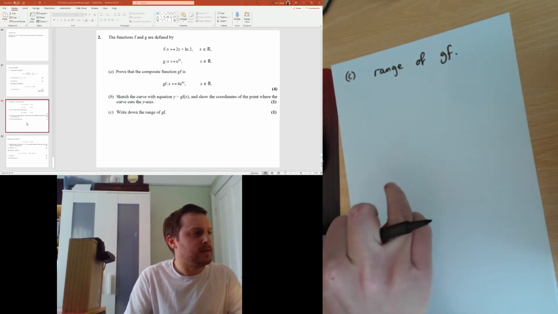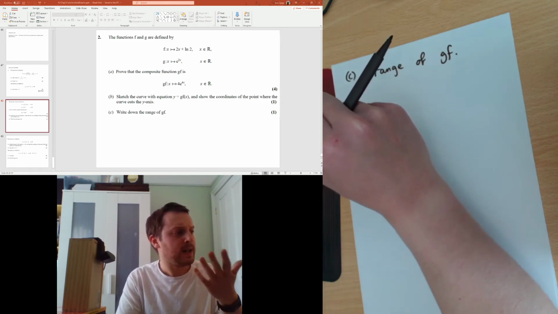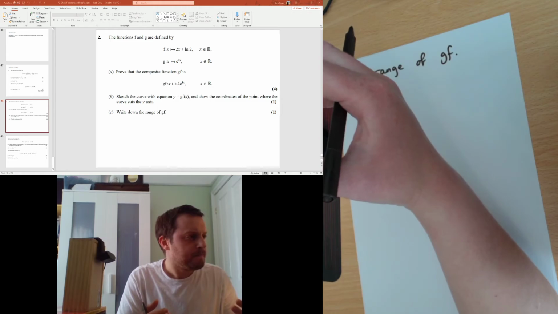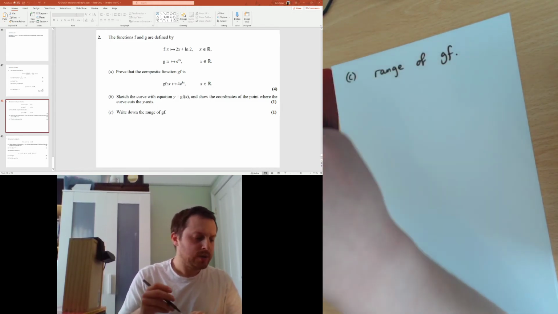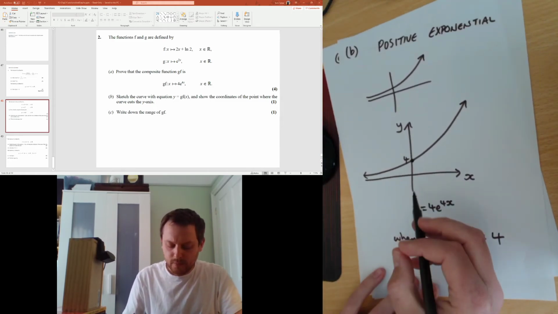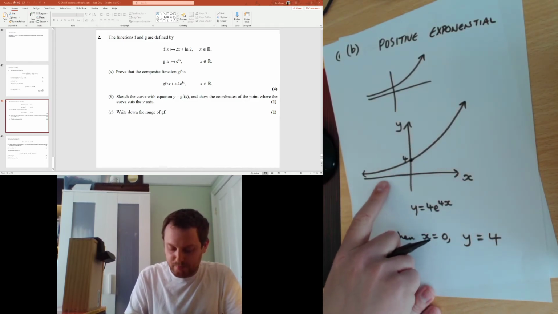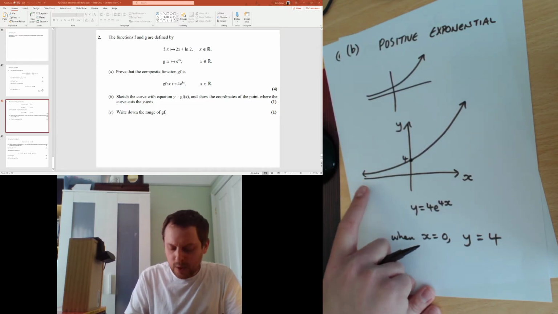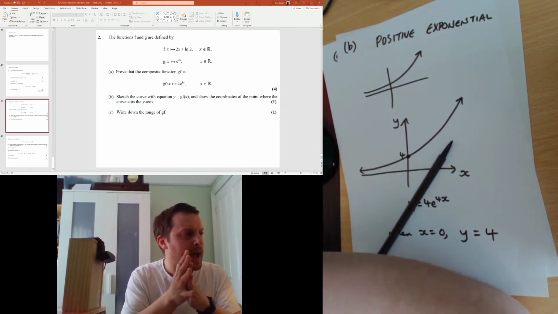Well, the range is all the possible values that you can reach, so it's all the possible outputs. If you wanted y to be negative, you can't do it. It never goes below the x-axis. Generally speaking, one way is to ask: can y be negative? Can y be 0? Can y be positive?